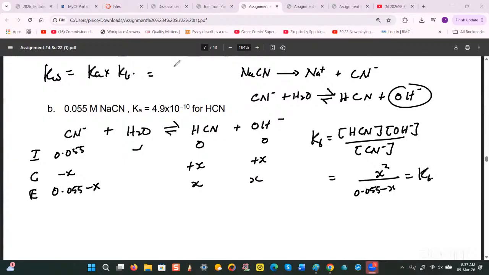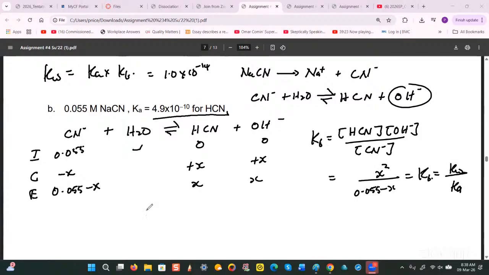And Kw is, of course, the ionic product of water, which is 1.0 times 10 to the minus 14, all right? So we don't know what the Kb is for this particular conjugate base, but we know the Ka for its corresponding acid. So basically, we can write down here that Kb is equal to Kw divided by Ka, right?